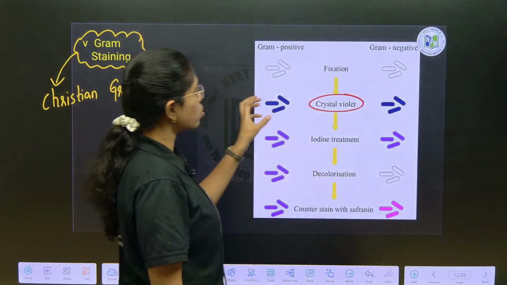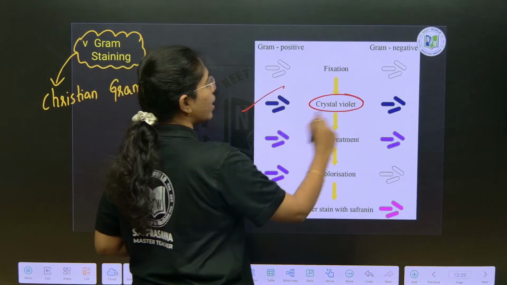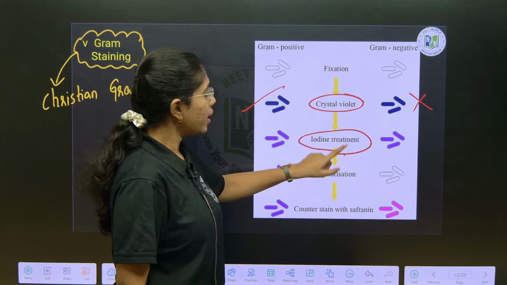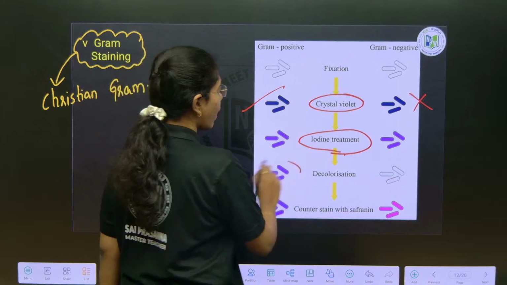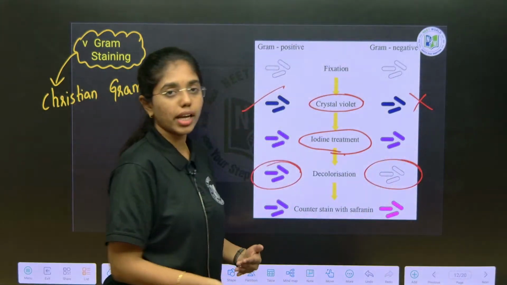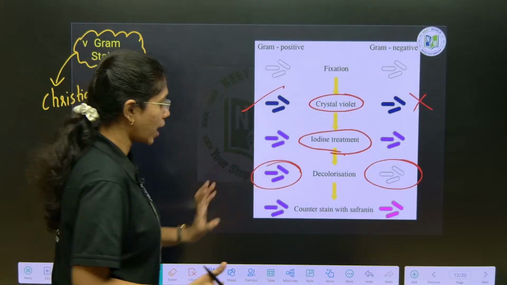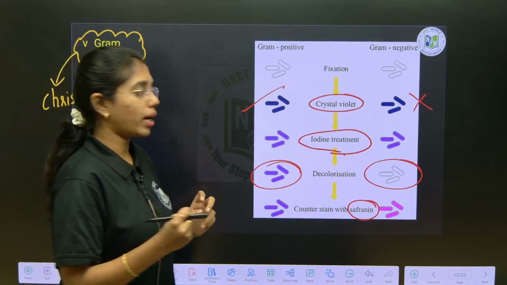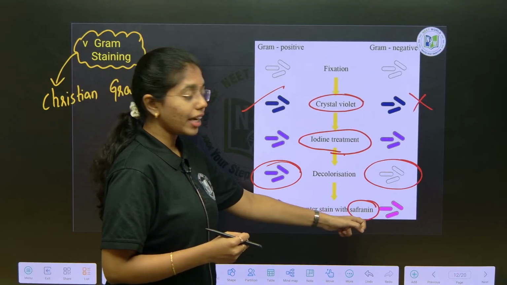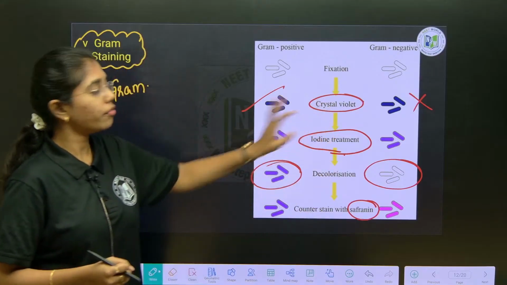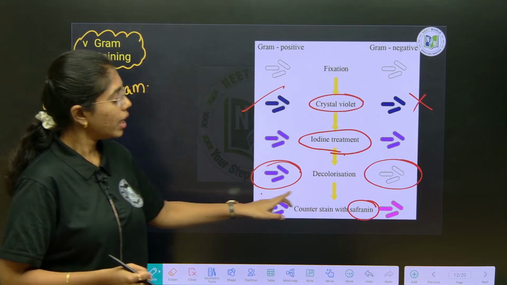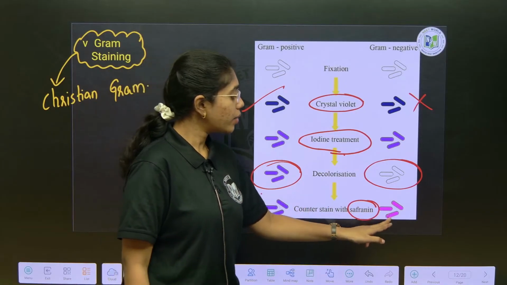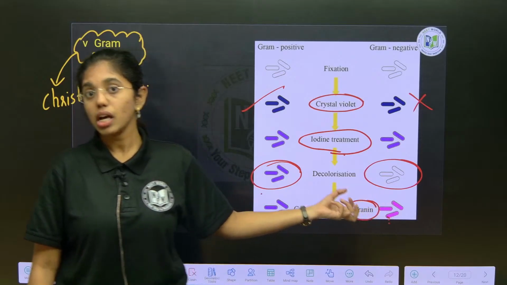So, two strains: one will absorb the crystal violet, one will not. Then they are treated with a mordant, that is iodine, and after decolorization, both bacterial strains are again stained with safranin. The one which has absorbed crystal violet will retain the violet stain, whereas the other strain, which has not absorbed crystal violet, will give you a pinkish color as it has absorbed safranin.